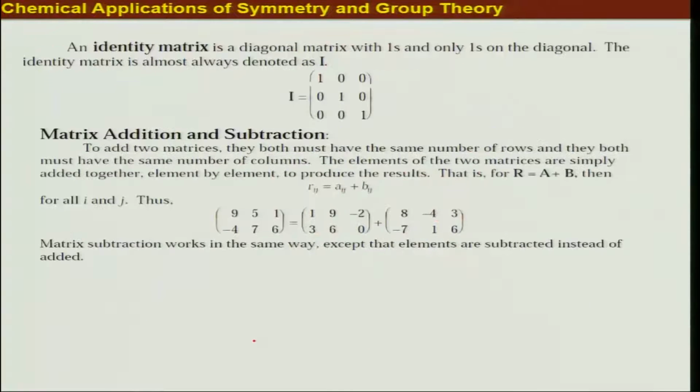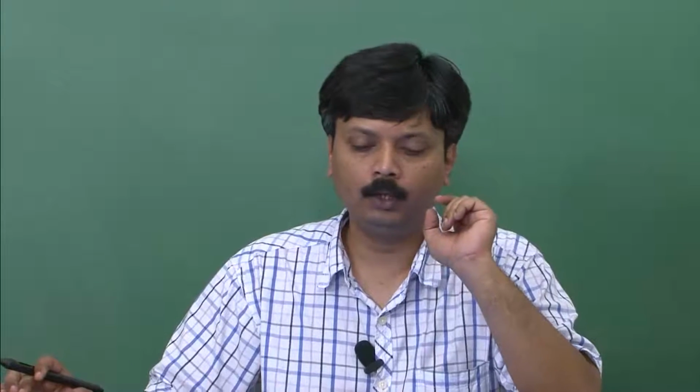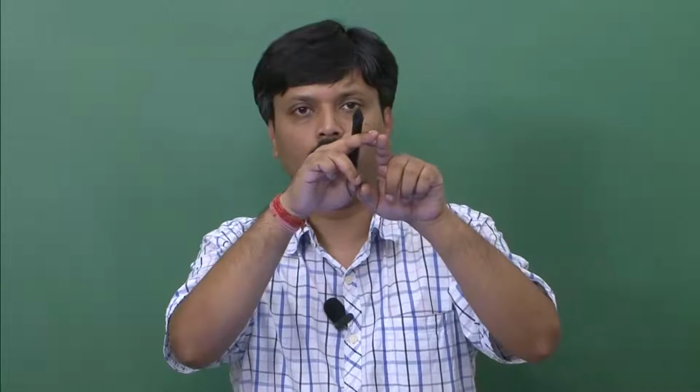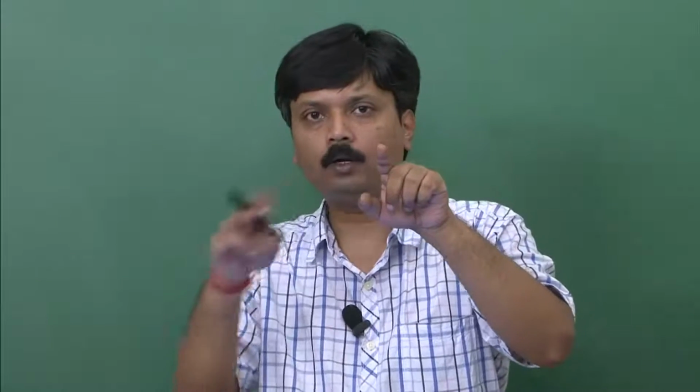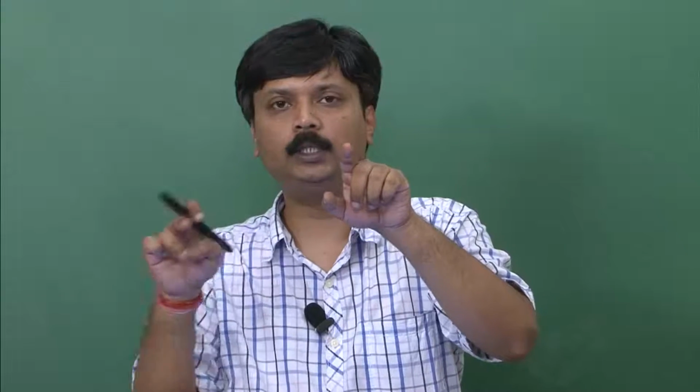Fine. Some more definitions here. So what is an identity matrix? Identity matrix is that particular matrix for which all the diagonal elements are unity. Okay, so you have rows and columns. So if you go along the diagonal, which will be like the element 1 1 and then 2 2, 3 3 and so on.